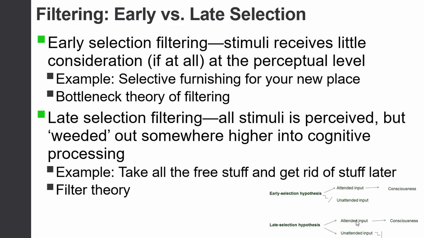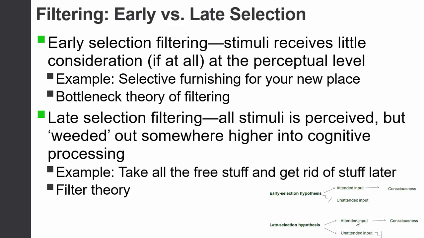I know it's not going to work for the space, so I'm not even going to take it. Thank you for your offer. I appreciate it, but it's just not going to work for me. In that case, you're not letting anything into the apartment unless it's something you appreciate, enjoy, and like. That would be early selection, where it doesn't even make it into the apartment. You already filter out that furniture so you don't have to deal with it whatsoever.